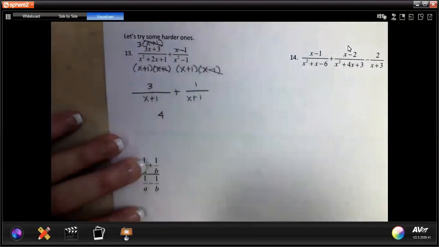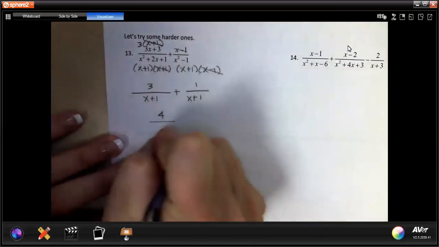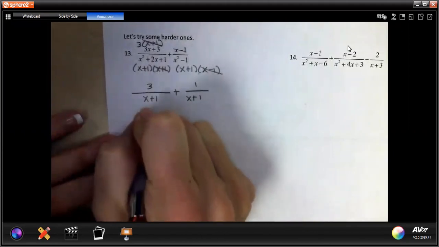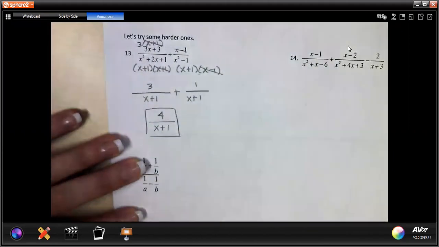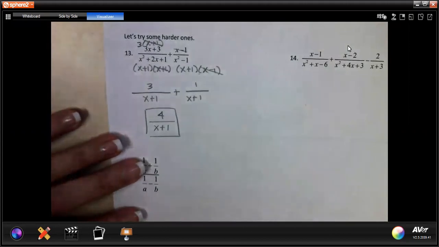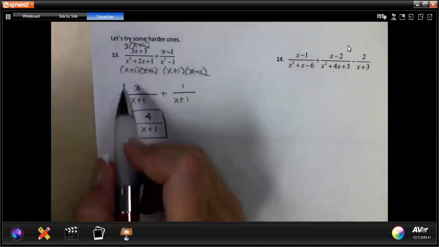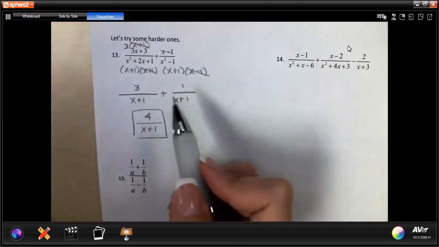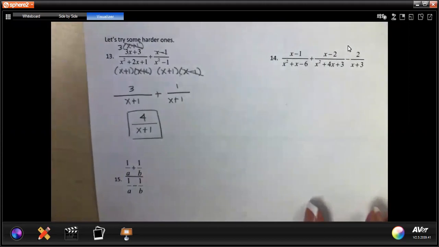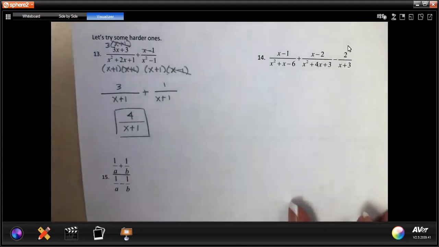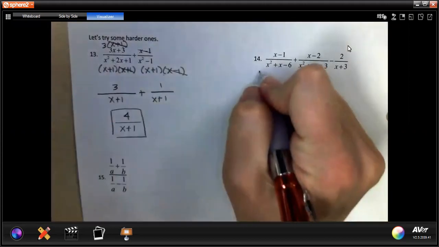So we add that 3 plus 1, got 4, and we keep this denominator of x plus 1. All we did there was reduce at the beginning instead of at the end. So that just helps you out with how much work you're going to do. If you wouldn't have noticed that, you could have just added like normal, got a common denominator, and then just reduced at the end.